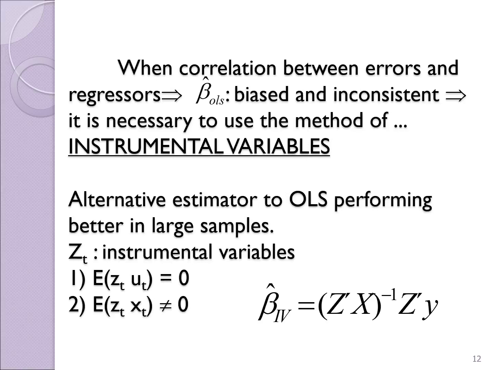So this is basically similar to (x prime x) to the minus 1 x prime y, the OLS estimator, but more general, because this is a case in which you may have instrumental variables, and the instrumental variables are going to help us get consistency, which OLS does not guarantee.